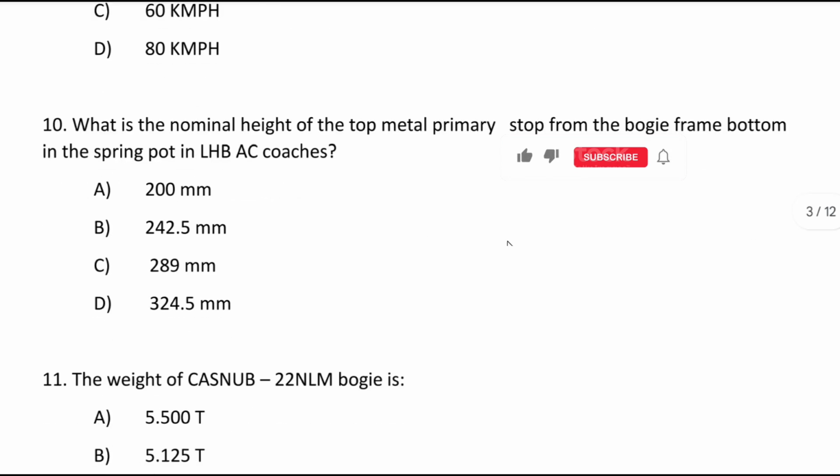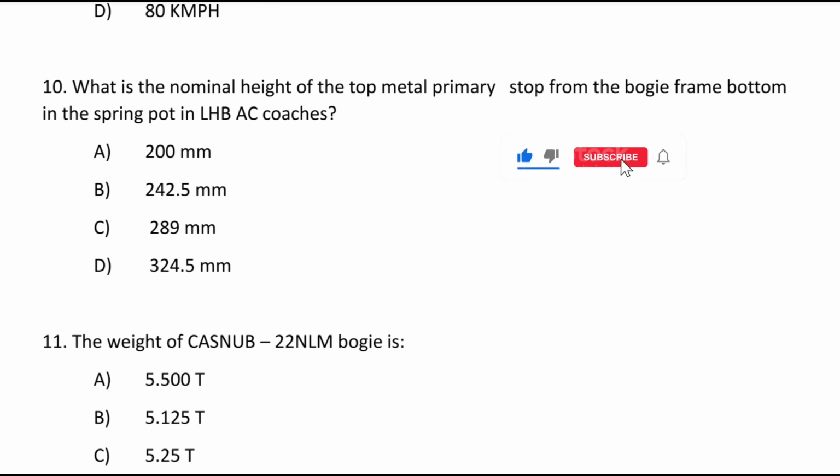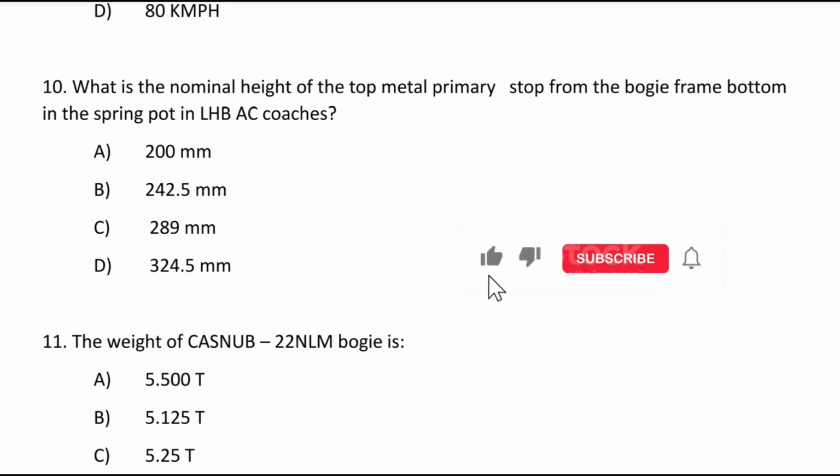60 kmph. Thus, what is the nominal height of the top metal primary stop from the bogie frame bottom in the spring pot in LHB AC coaches? A. 200 mm. B. 242.5 mm. C. 289 mm.